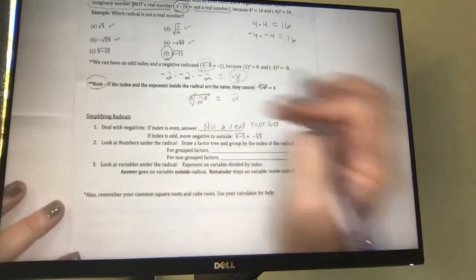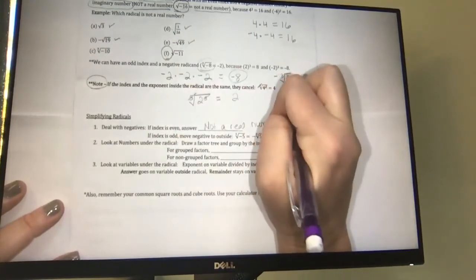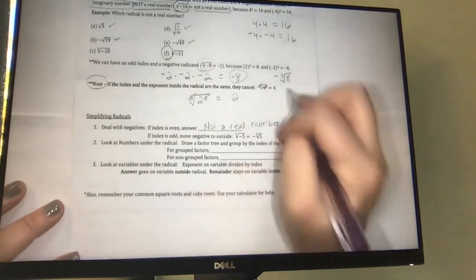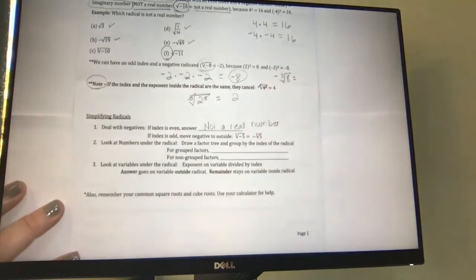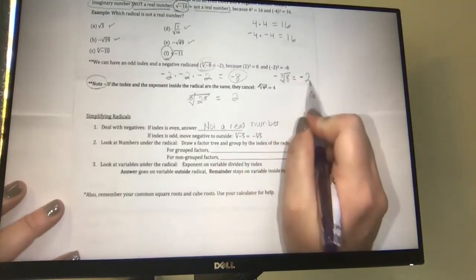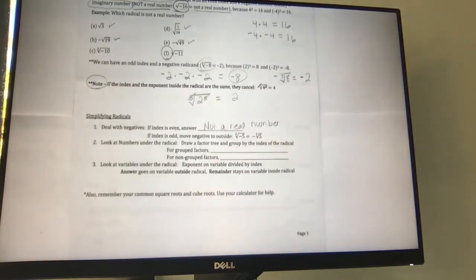Or the minute I see this, I could move that negative right to the outside and leave what's under positive. This is like multiplying it by a -1. My answer is going to be negative, and then the cubed root of +8 is also 2. So you're going to get -2 either way. It's just another way to think about it if you like that better.